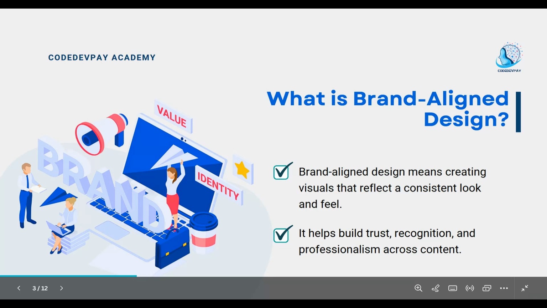That is the identity of a product or a company. That is what we call a brand. So brand aligned designs means creating visuals that reflect a consistent look and feel. It helps build trust, recognition, and professionalism across content.